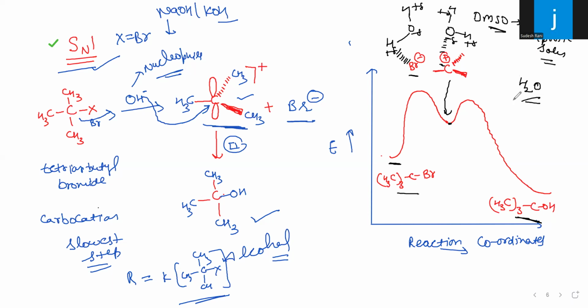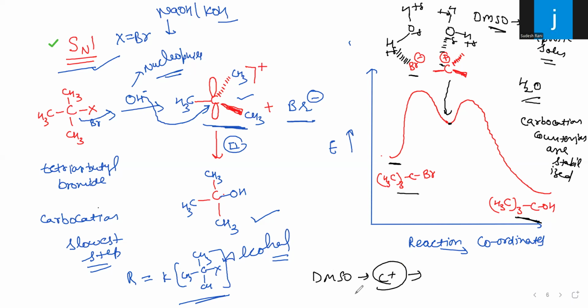So in case of a polar solvent, both the species, the carbocation as well as the counter ion, are stabilized. But in case of DMSO, only the carbocation is stabilized.